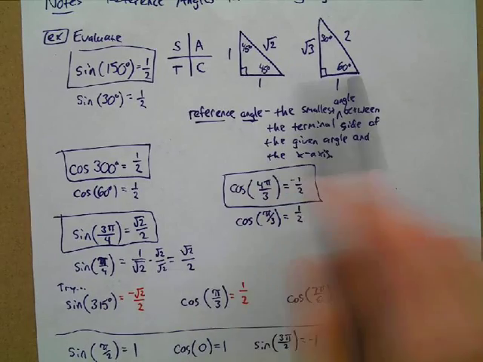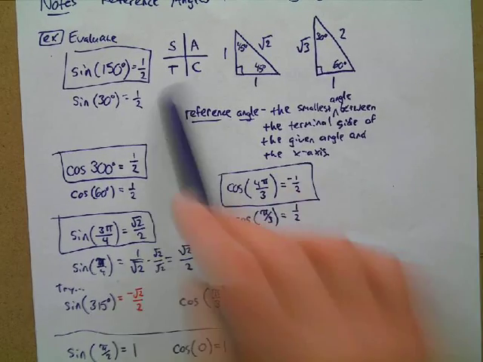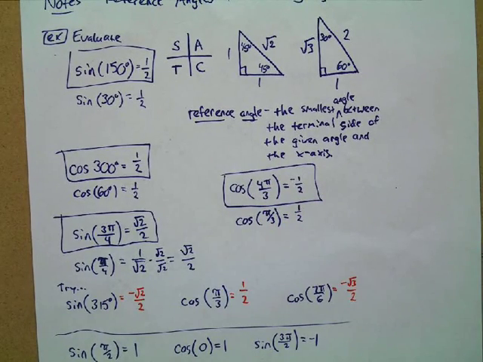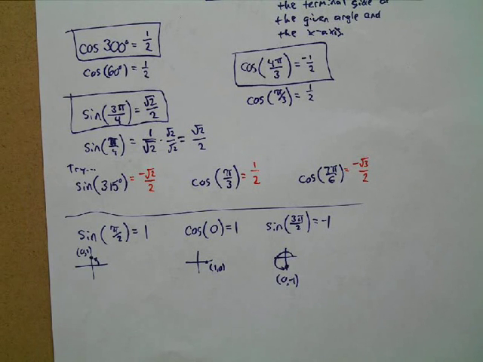Let's see here. So of course that's sine and cosine, but we have other trig ratios we have to think about too, right? So for example, what about tangent? So evaluating tangent, cotangent, cosecant, and secant.